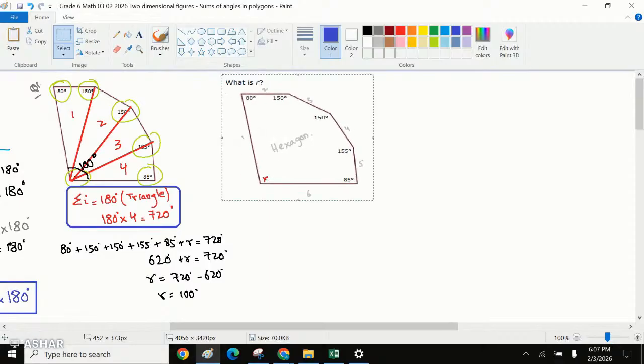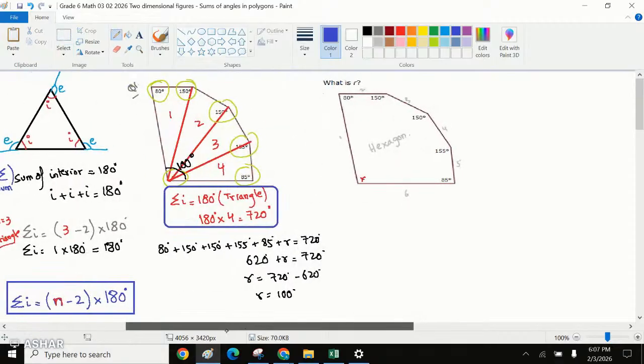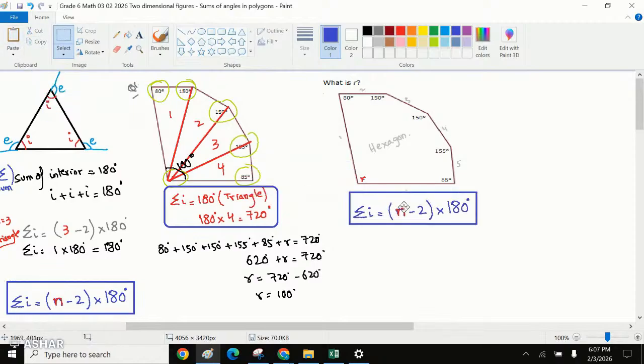Okay, so the formula that we had was: sum of interior angles is (n minus 2) into 180, right? So how many sides are there? If this is a hexagon, how many sides?